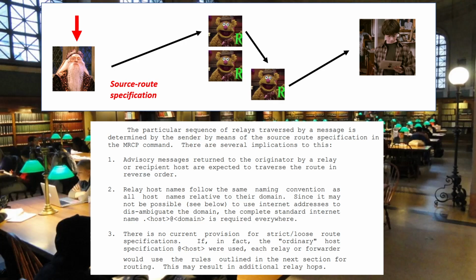This may result in additional relay hops, so you'd have to go through more of those relays in the middle there. To be honest, it's hard to see how those are implications of the sequence of relays traversed by the message being determined by the sender, but there we go.